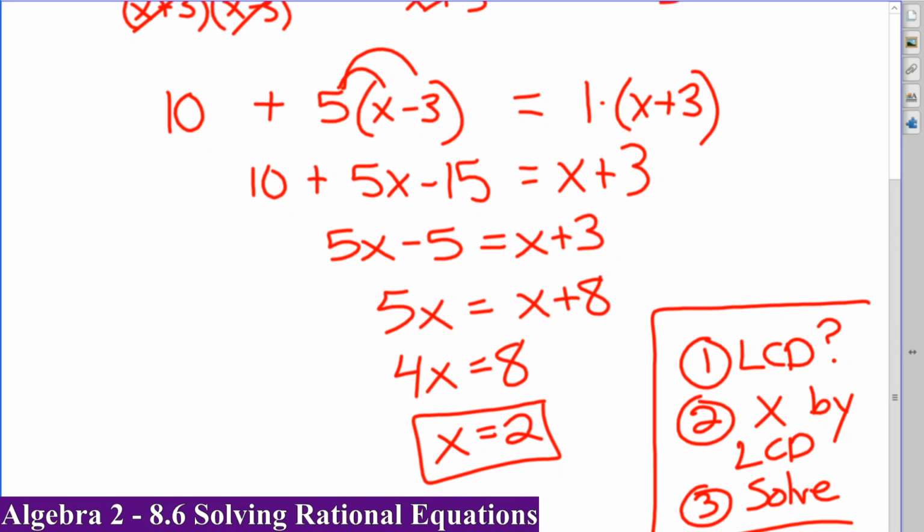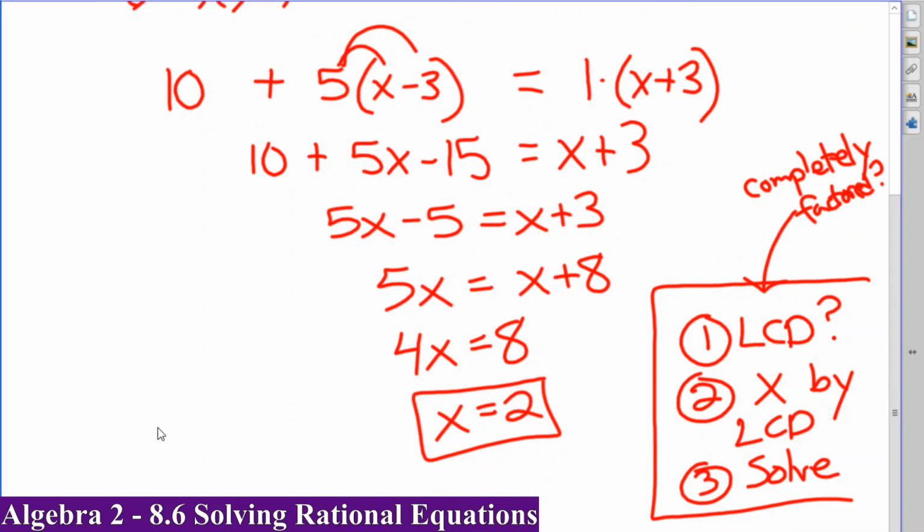And it all comes down to identifying what that least common denominator is. And maybe even before that, making sure is everything completely factored first? Once you can, then you can identify what the least common denominator is.